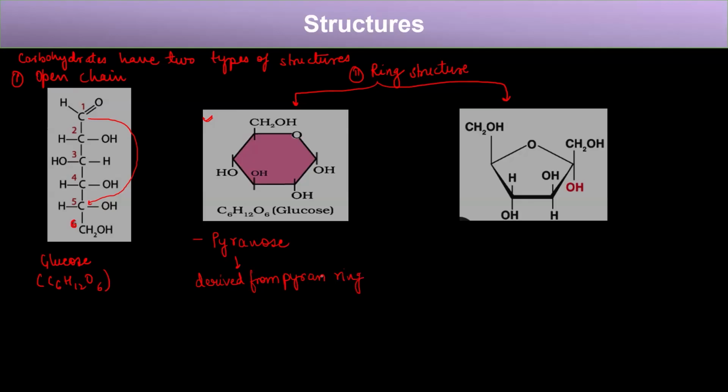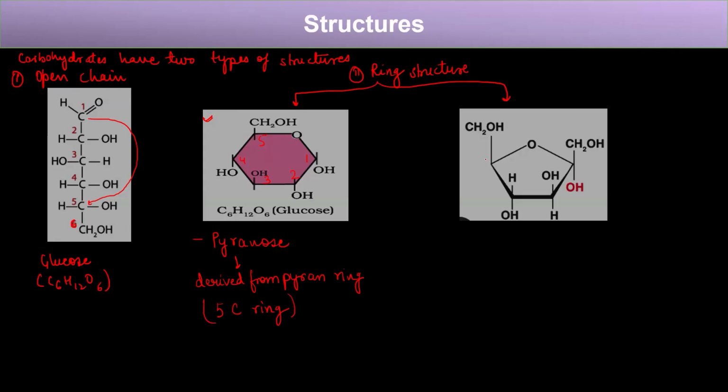How many carbon molecules are present in the ring? We can see we have 1, 2, 3, 4, and 5. So the pyran ring is a 5 carbon ring. This is one type of ring structure.